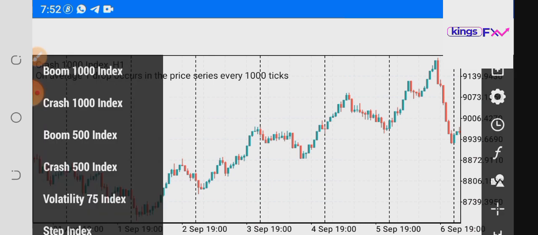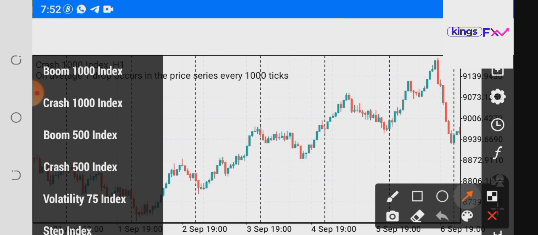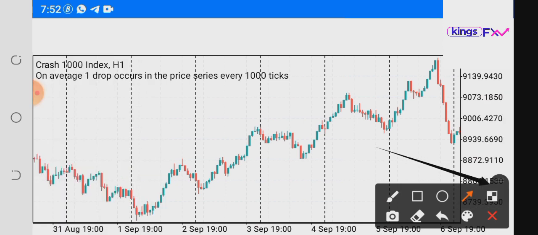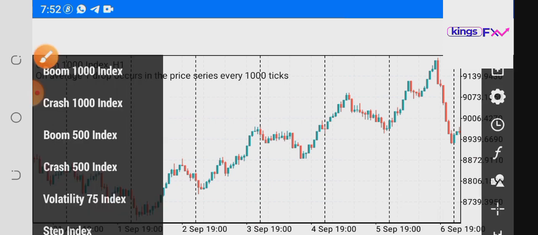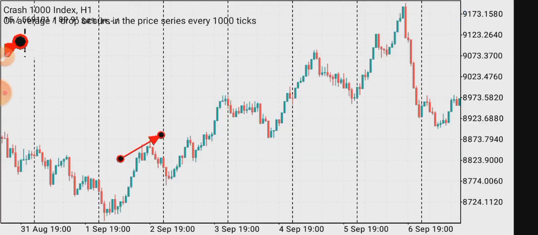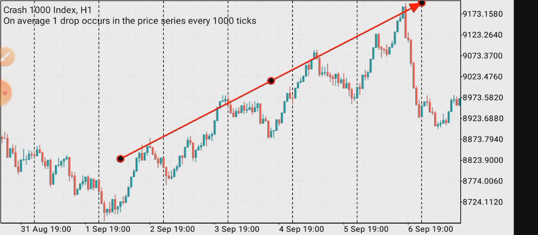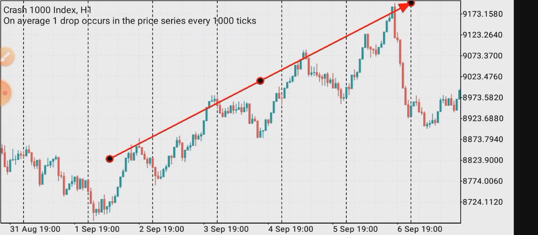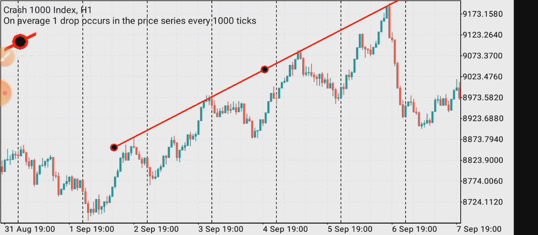To get your trend line, you click on this icon here, tap on it, and bring your trend line, which is this arrow right here. You tap on the arrow and draw a line. So this line is straight.